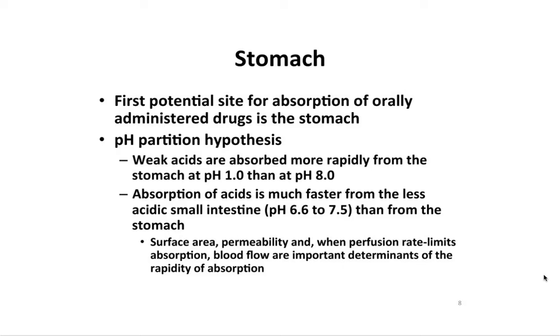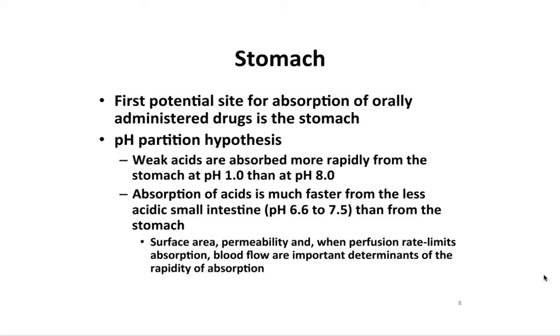And so the stomach, which is highly acidic when compared to the small intestine, will favor absorption of weakly acidic molecules. That's the crux of the pH partition hypothesis.